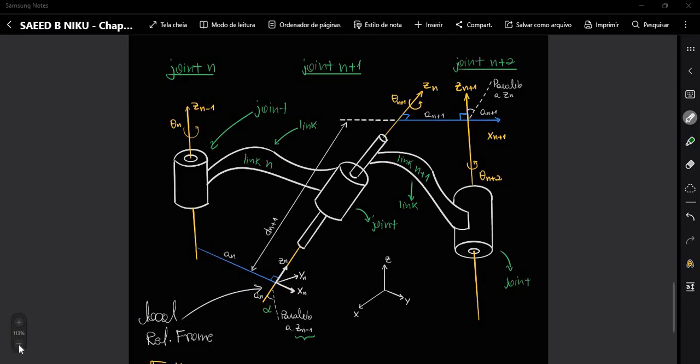This illustration will also be our object of study throughout this video, while we are doing DH representation studies, and also will be our first example to solve. So let's review this and we can continue with our content.